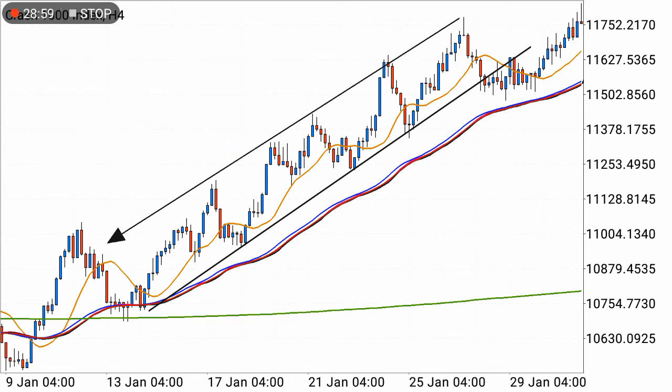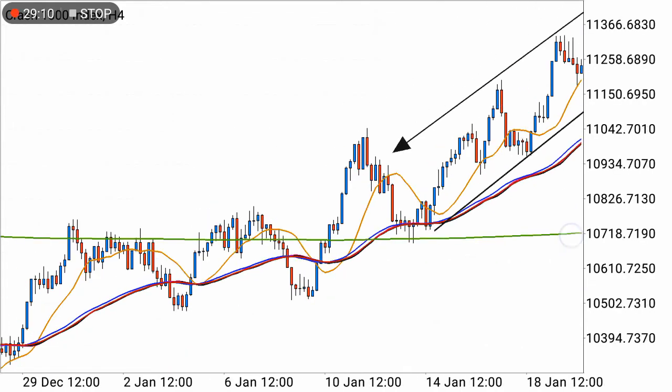Look here. Very awesome and very easy. Using trend lines you will understand all things clearly. So this is a very awesome thing.